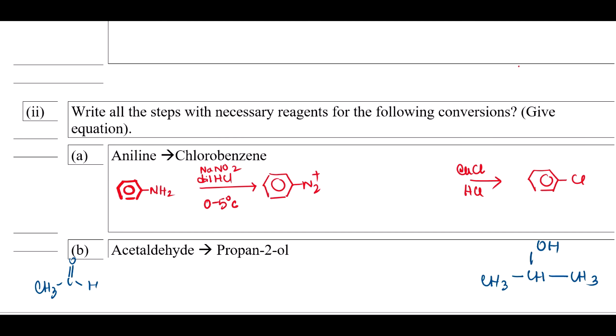So this is acetaldehyde, this is propanol. What we have to do is add a reducing agent only. So from aldehyde to alcohol, we can add lithium aluminium hydride. This can be the reducing agent, reduction.